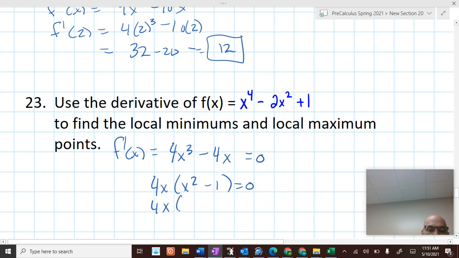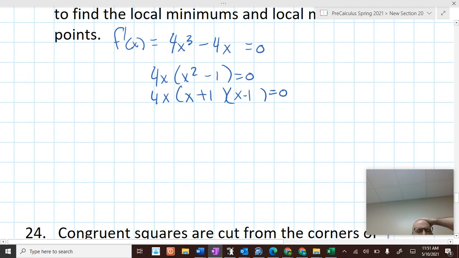Factor. So x equals 0, negative 1, and 1.